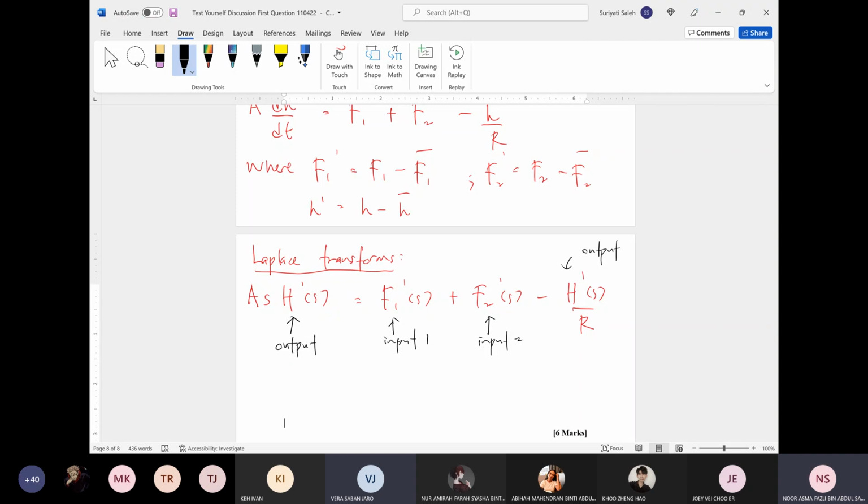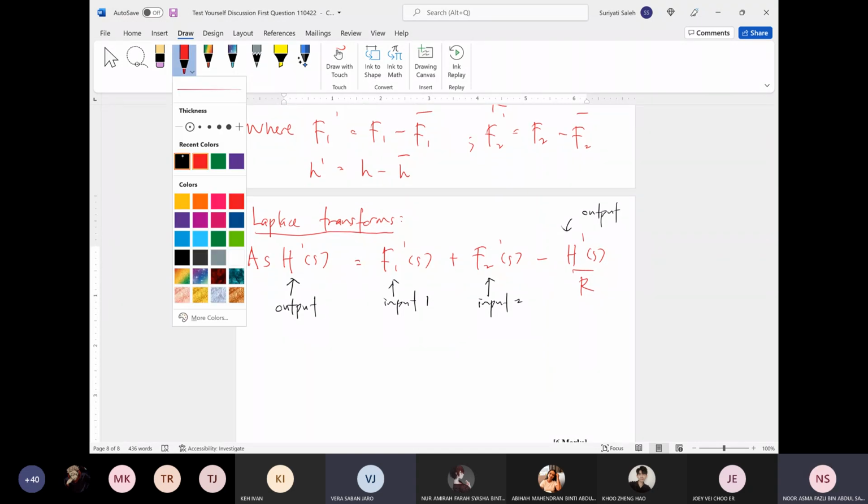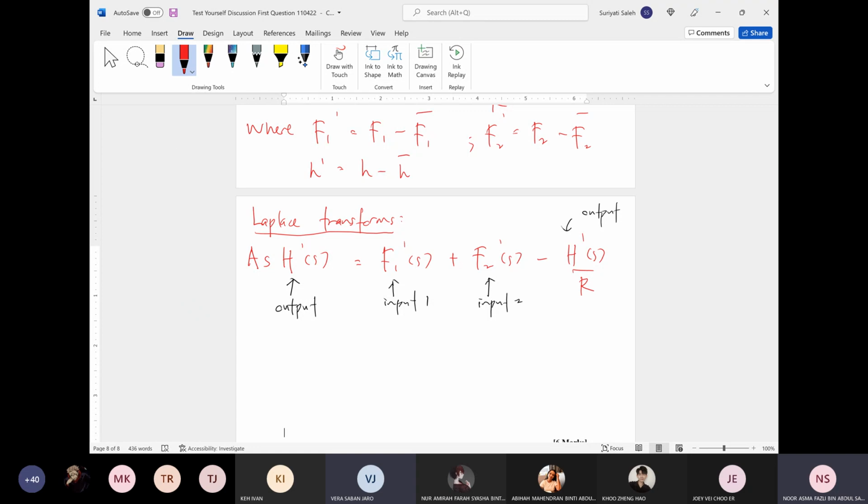Since in this case, there are two inputs, input 1 and input 2, this means maximum you will get two transfer functions instead of one. So here the rearrangement is A s H'(s) plus H'(s) over R equal to F1'(s) plus F2'(s).